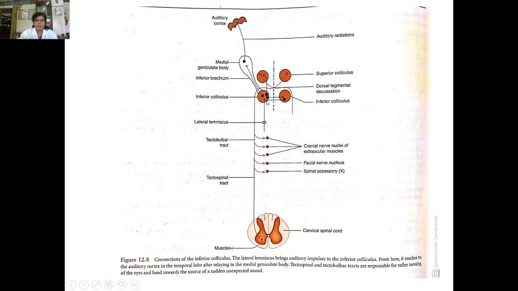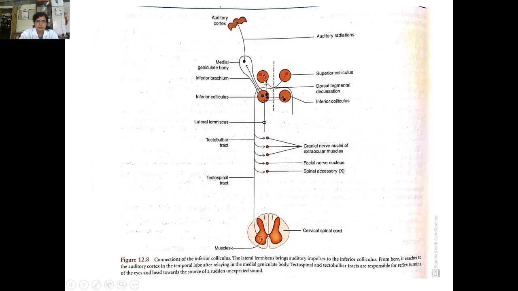This diagram shows the connections of the inferior colliculus. It receives fibers from the lateral lemniscus, and efferents arising from it go to the medial geniculate body, and from the medial geniculate body to the auditory cortex.